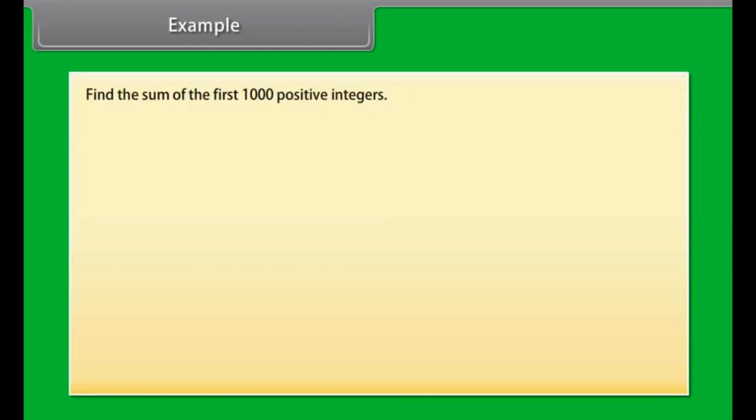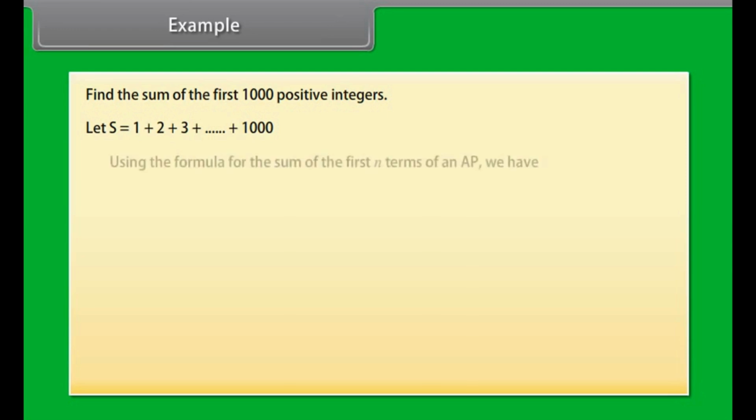Find the sum of the first 1000 positive integers. Let S is equal to 1 plus 2 plus 3 plus and so on plus 1000. Using the formula for the sum of the first n terms of an AP, we have Sn is equal to n upon 2 into (a plus L).